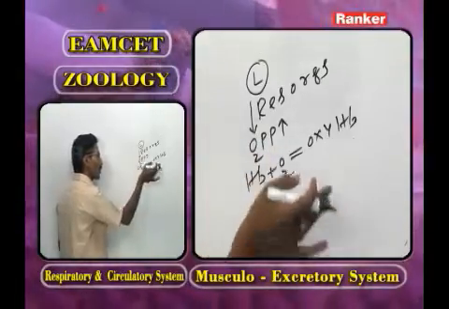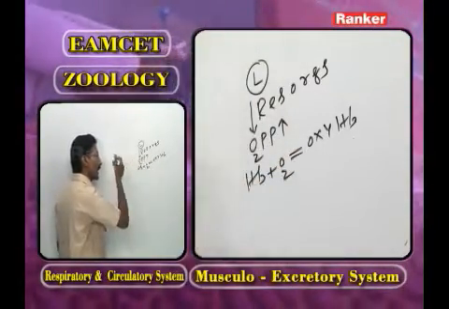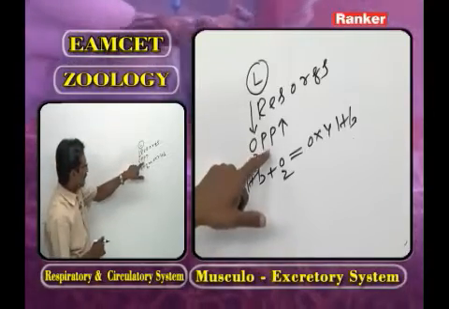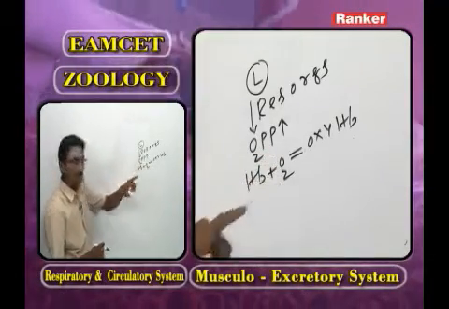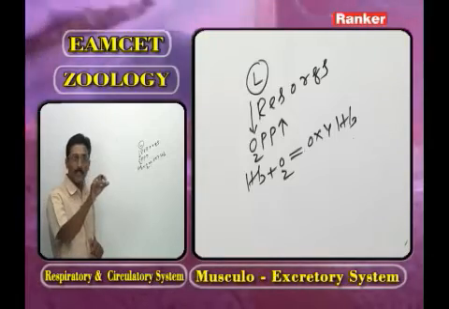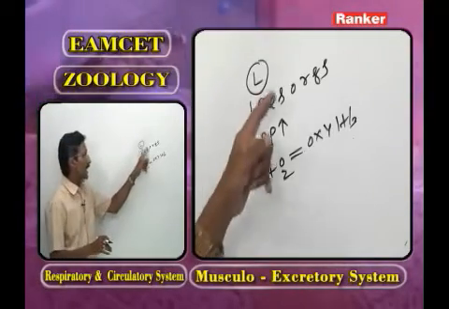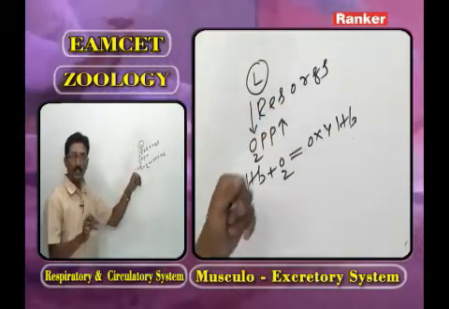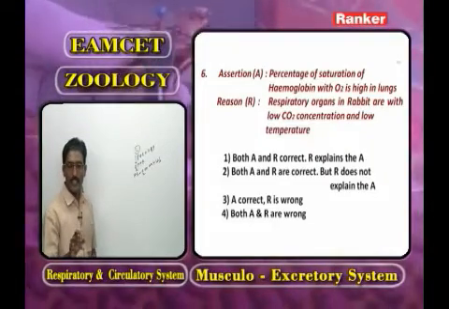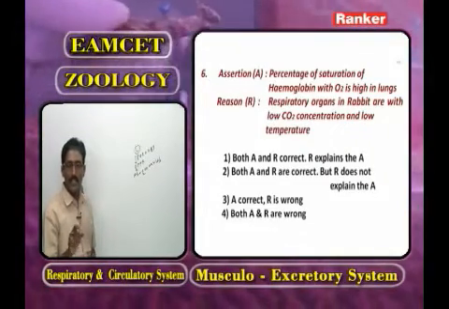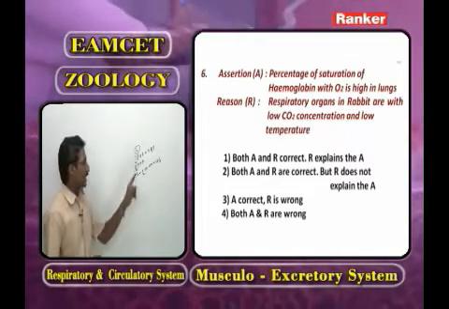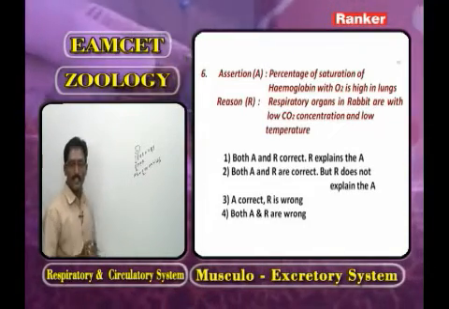Whenever hemoglobin is fully saturated, it carries 4 oxygen molecules. So whenever oxygen partial pressure is more, no doubt the saturation is more. Where is the partial pressure of oxygen more? At respiratory organs, that means lungs. Now again you observe the assertion: percentage of saturation of hemoglobin with oxygen is high in lungs. So the assertion is correct.